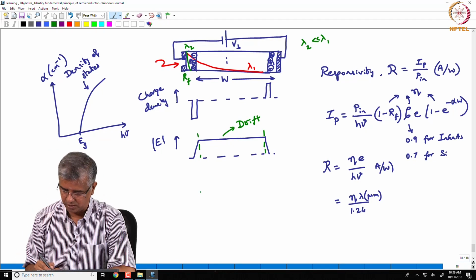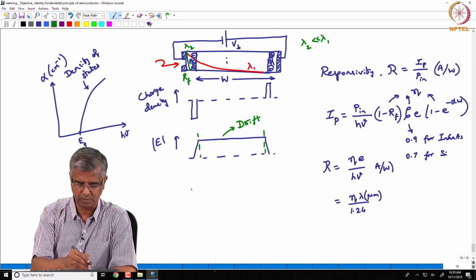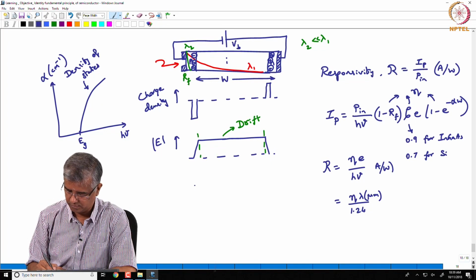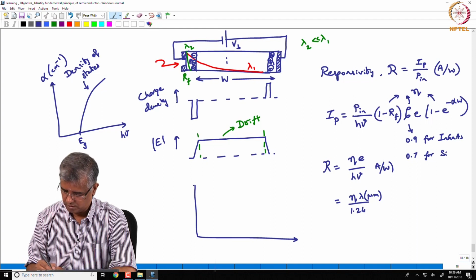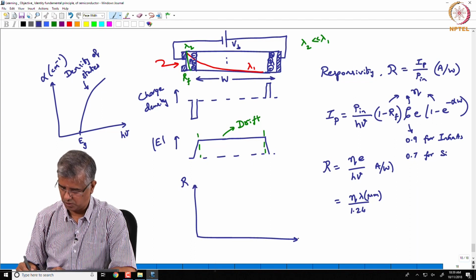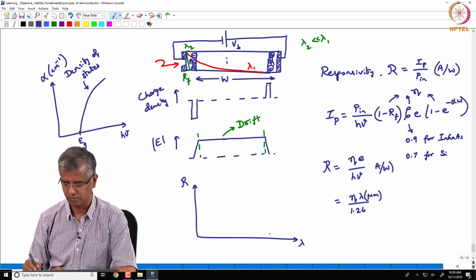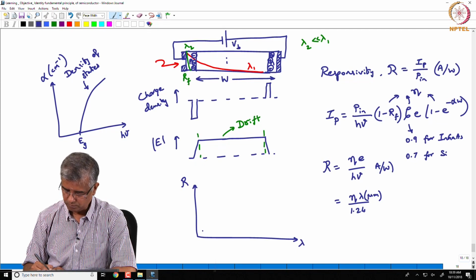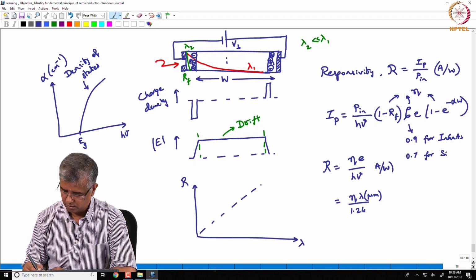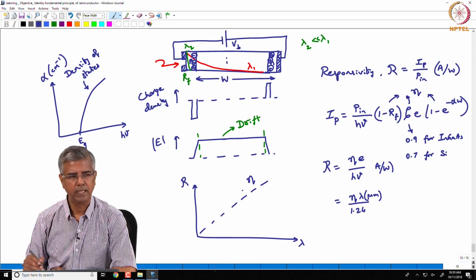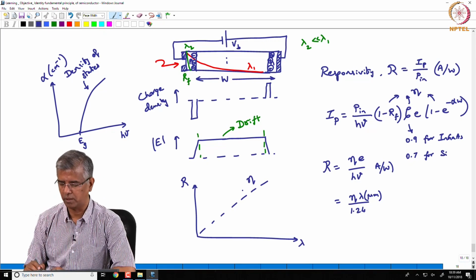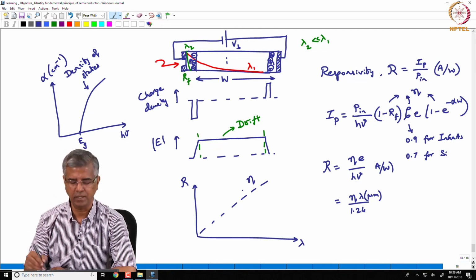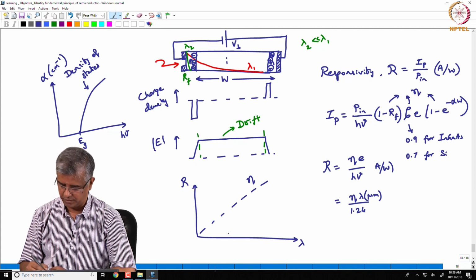Let me just draw that. I know there is a question back there, but I will come back to that in a minute. So, this is responsivity as a function of wavelength, okay. So, let us say your eta line is like this. That's going to be guiding your responsivity.